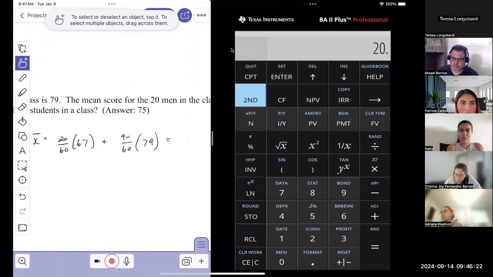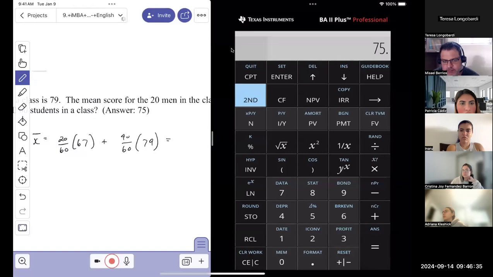Any questions about that? Because my calculator observes order of operations, I can multiply from left to right with no problem. You can also do that on Excel.